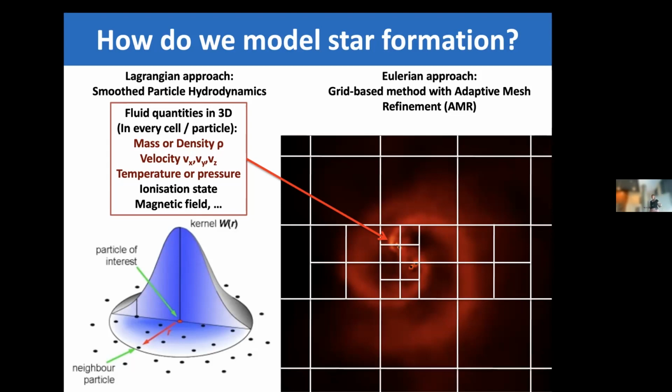That's already for a grid code a very demanding simulation, but this is still 3 orders of magnitude above the opacity limit. Yeah. While with SPH you can take 100,000 particles and do a beautiful simulation where you resolve the opacity limit and done. I mean, it's always a trade-off, I would say, what you want to do.